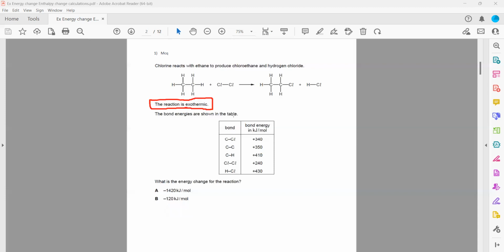Now, how to solve this question? On the left hand side, we'll do bond breaking, and on the right hand side, we'll do bond forming. Which bonds are we breaking? We are breaking C-H bonds: 1, 2, 3, 4, 5, 6.